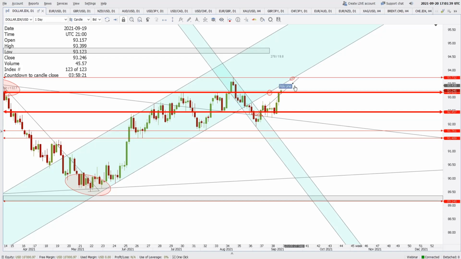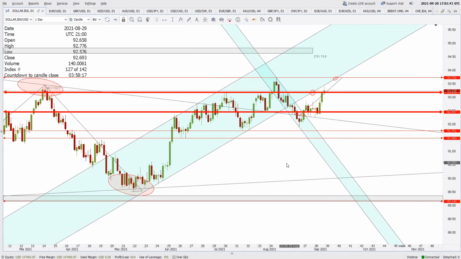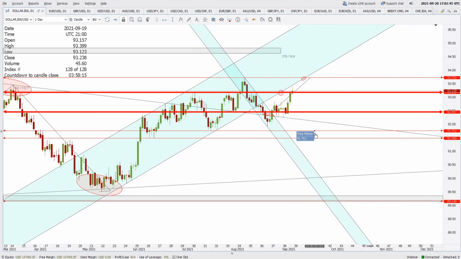And if that happens, then there can be a sharp rise in the price of euro and pound against the dollar, which are on the decline right now, because in the last 2 days there has been a very bullish move by the US dollar, breaking the 93.18 level, right now trading at 93.23, and made an intraday high of 93.39.